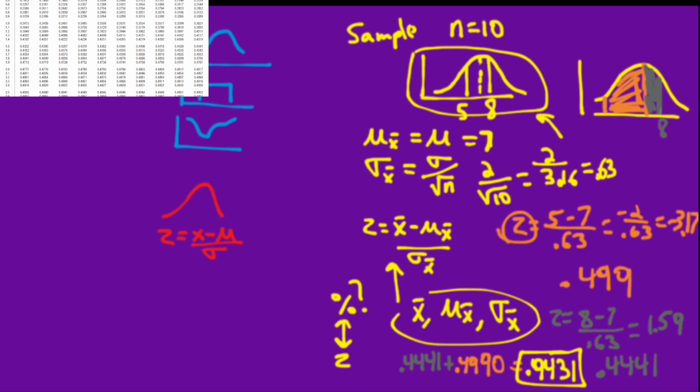Okay, and so clearly I did not write or draw that one to scale, and probably not even the one on the right. So we're quite sure that we'll find a sample between 5 and 8, which is about 95%, or we're getting close.